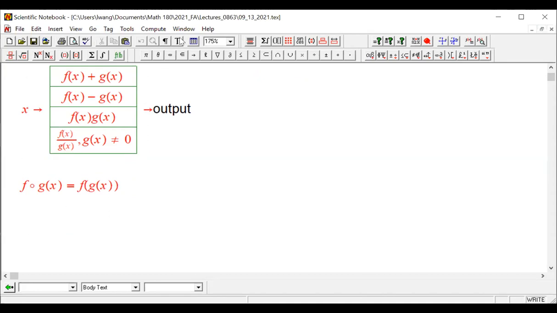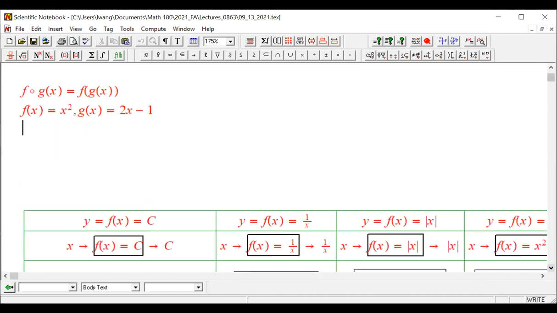For example, I may have f of x equals x squared. g of x equals what? Equals 2x minus 1. How about that?